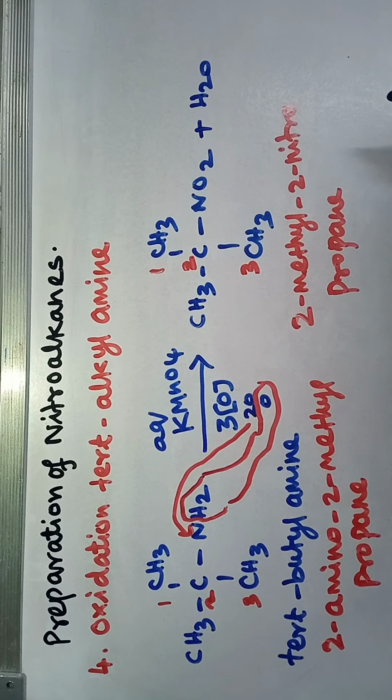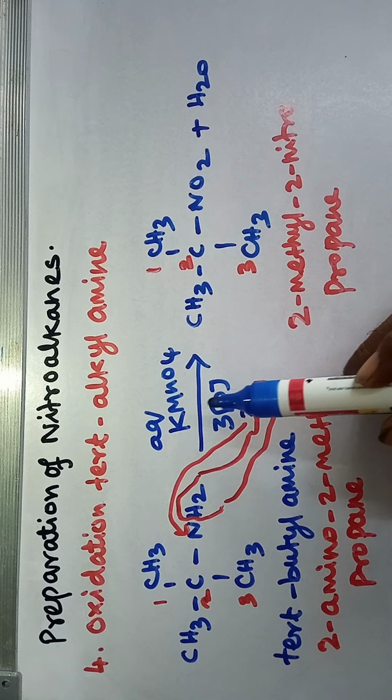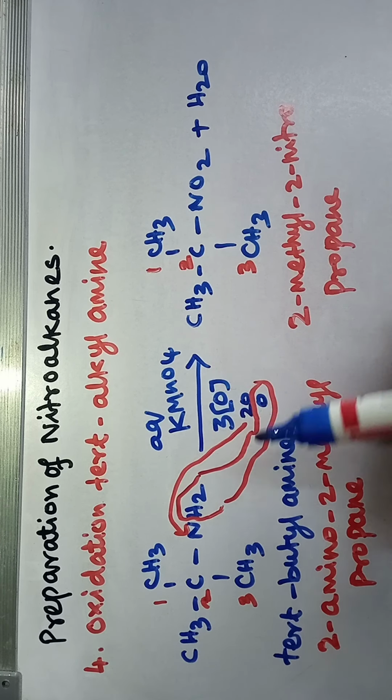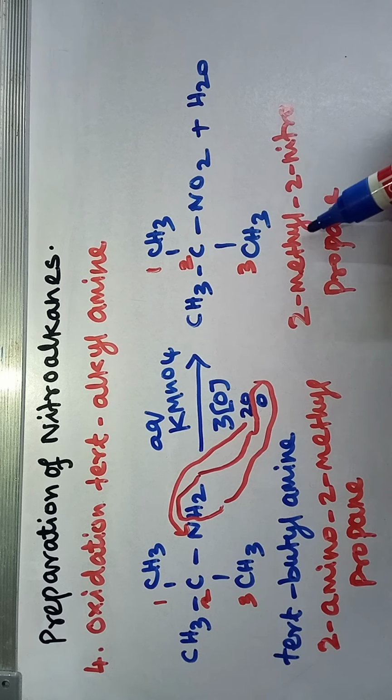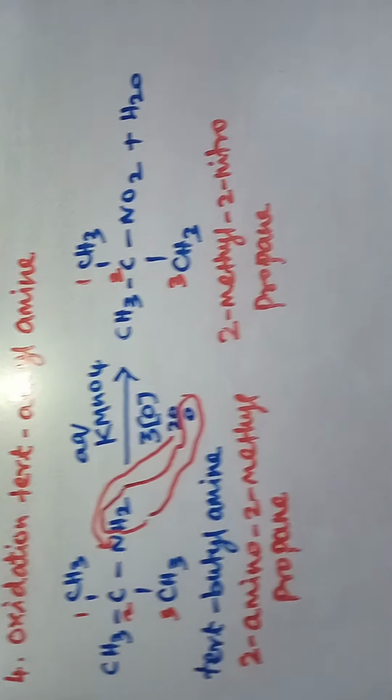So oxidation of tertiary alkylamine with aqueous potassium permanganate gives tertiary nitroalkanes. Here tertiary butylamine, or 2 amino 2 methyl propane, is oxidized with aqueous potassium permanganate. It gives 2 methyl 2 nitropropane. These are tertiary nitroalkanes.